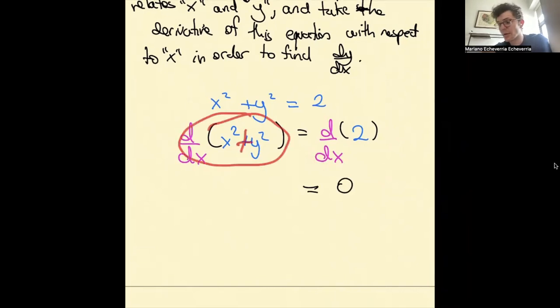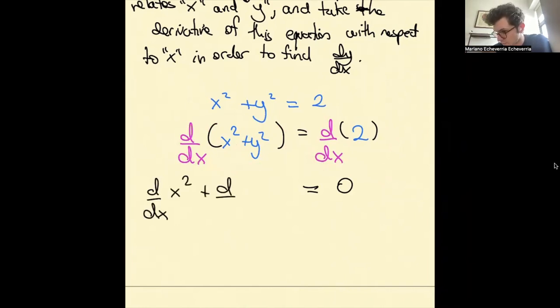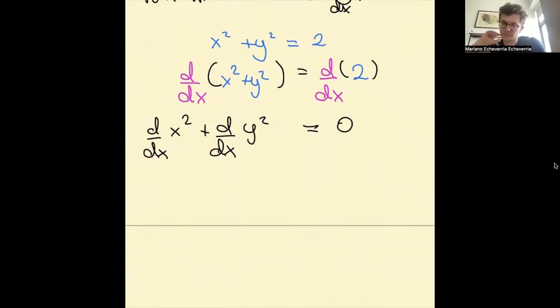Well, this is a sum, and if you remember, the derivative of a sum of functions is the sum of the derivatives. So just to do this extra step for the first time, let me write it like this. I'm just breaking this derivative of the sum into a sum of derivatives. That making sense so far?